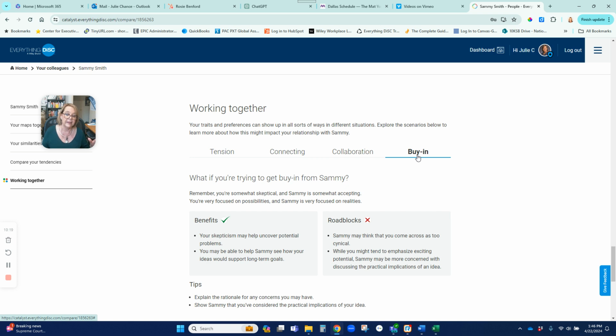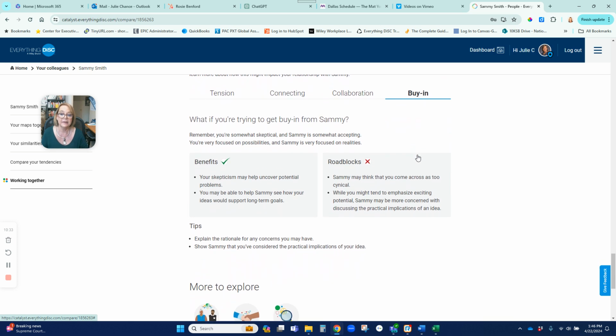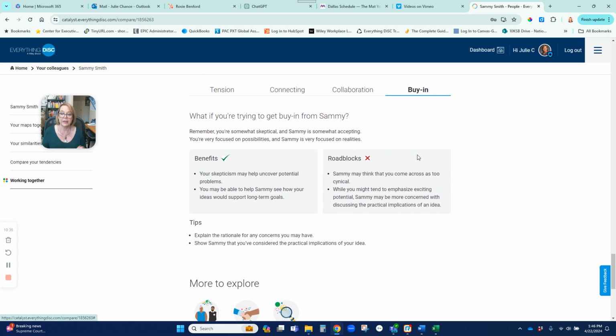And then Sammy would have a different set of information that he's looking at, and we'd be able to discuss both the benefits from my perspective and his perspective and what some of the roadblocks to that are. And then there's some tips for working with Sammy in this particular situation. He would have tips for working with me.